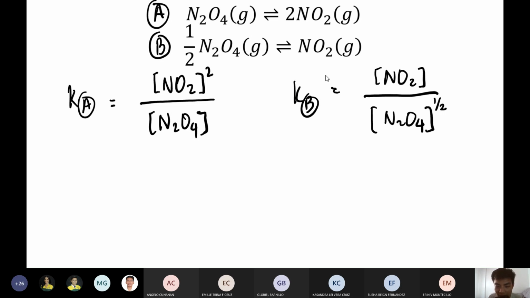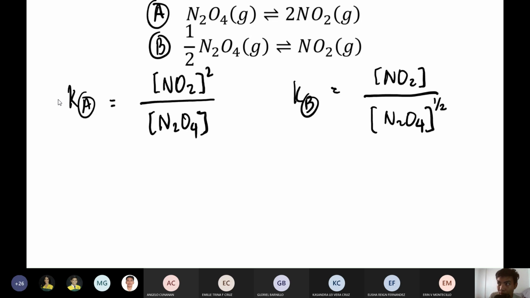Syempre, sasabihin ko rin naman, no? So, ano yung mapapansin natin dito? Is that, kapag yung iyong equation, dinivide mo by 2, your new K becomes the square root of the original. Okay? Ibig sabihin nun, yung original ay in square root mo, kapag dinivide mo yung equation by 2. Tignan natin, ha?